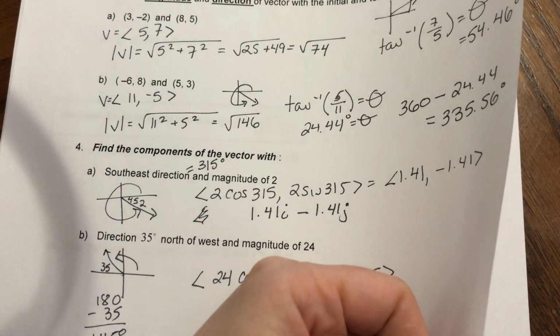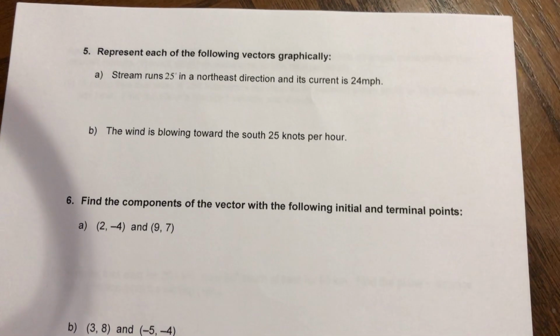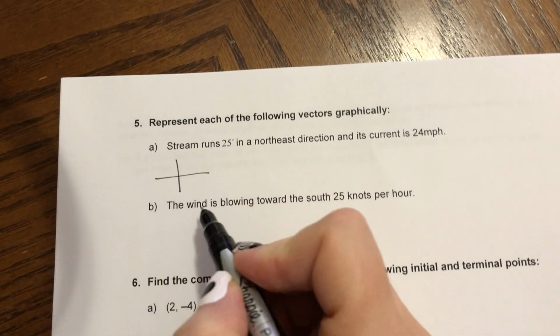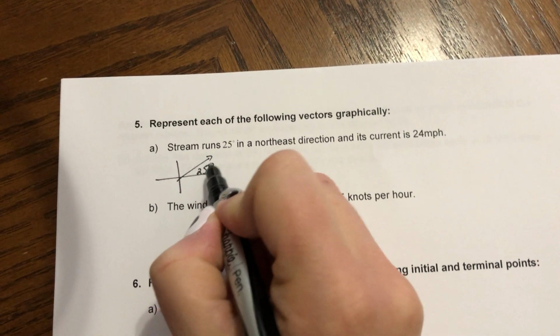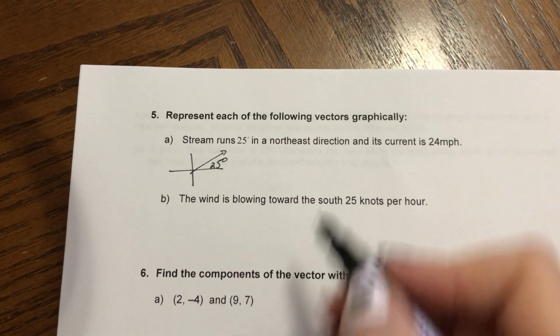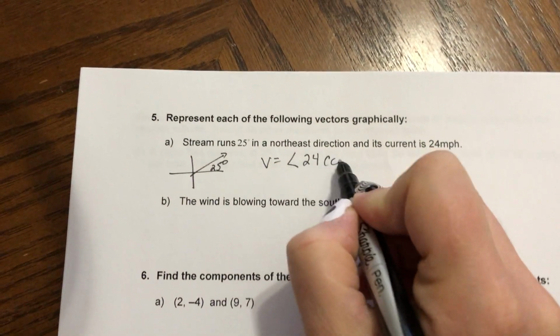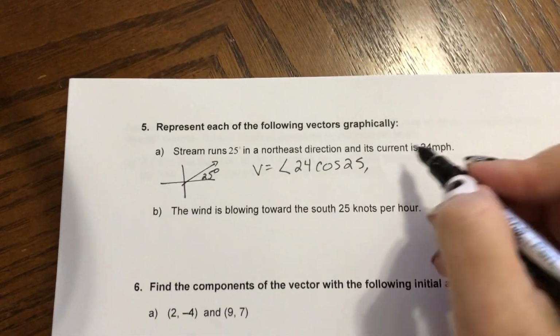Okay, that was page 21. Now on to page 24. 25 degrees northeast direction. So the vector is 24 cosine of 25. Excuse me.